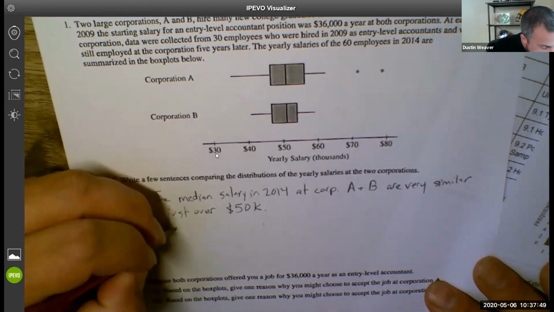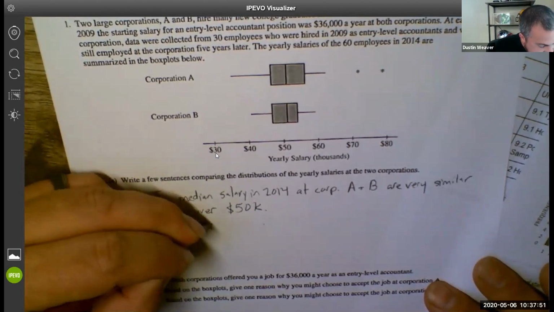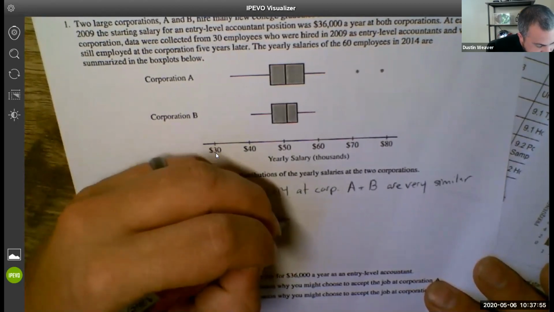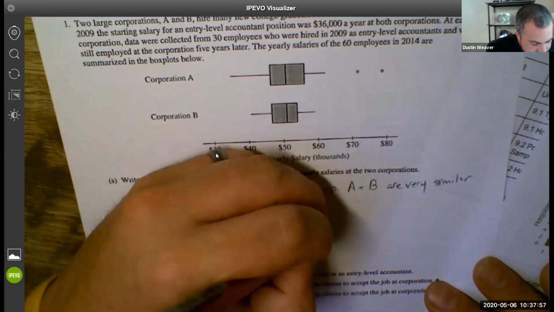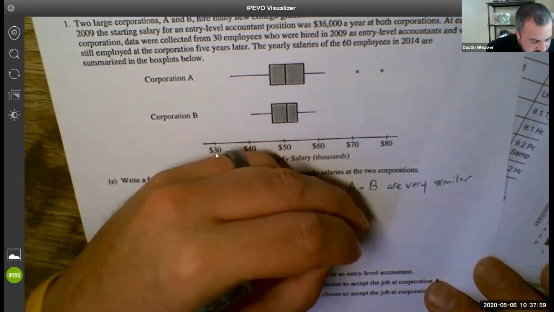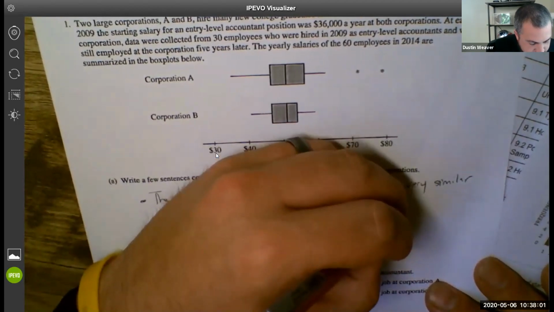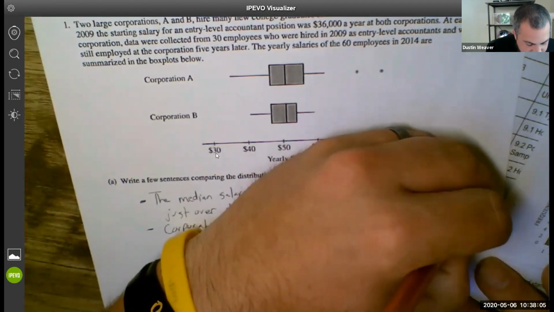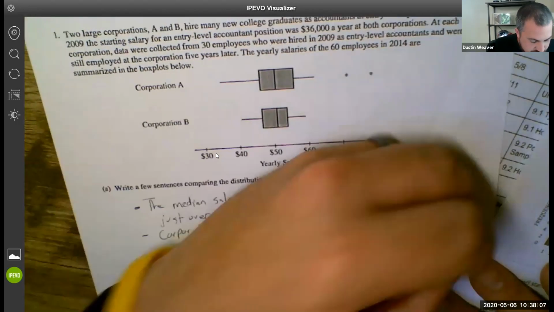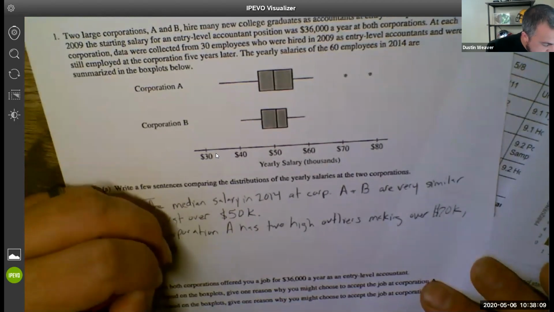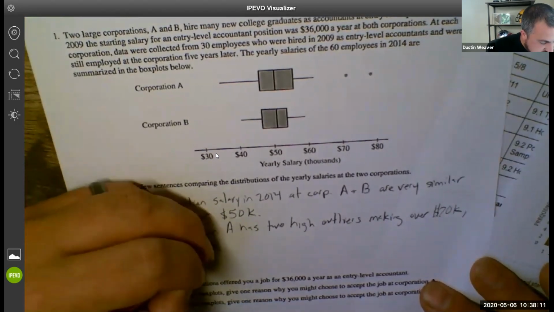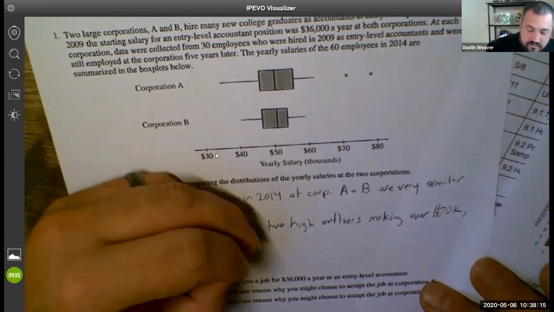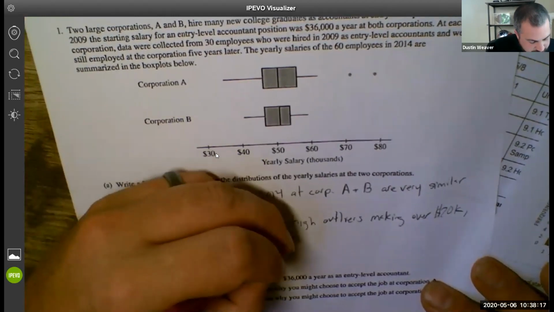I would say Corporation A has 2 high outliers making over 70K, while Corporation B has none.